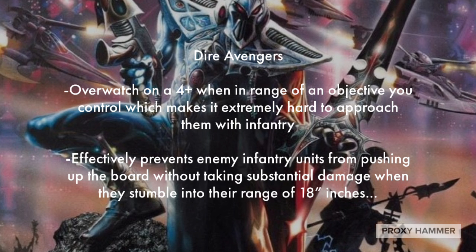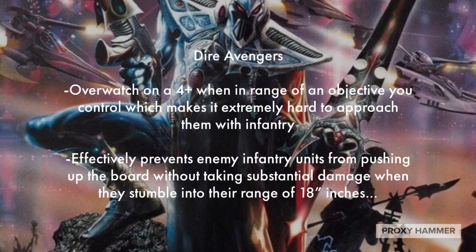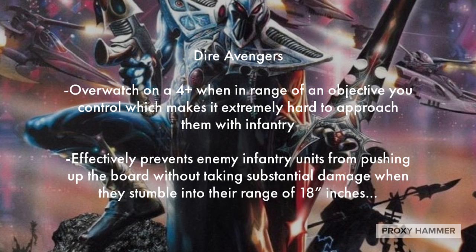However, they're going to have to brave Overwatch first on a 4+, and maybe with Guide, maybe with rerolls to hit. That's going to make your opponent think twice, as they're not going to want to throw away their Infernus squad to Overwatch, which is fairly expensive. Infernus squads are fairly high value, but they do have to get very close to enemy units to be useful, and this can be used to your advantage.